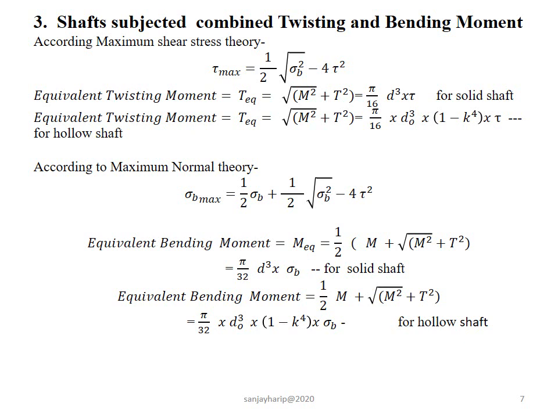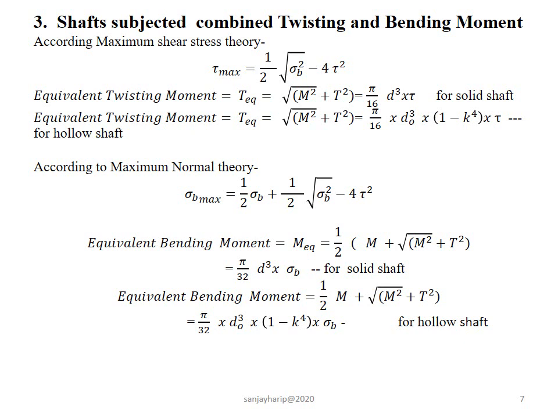Various theories have been suggested to account for the elastic failure of the material when subjected to various types of combined stresses. The following two theories are important from the design of shaft point of view, which we have already covered in topic number 1.